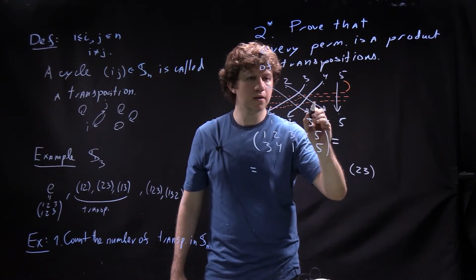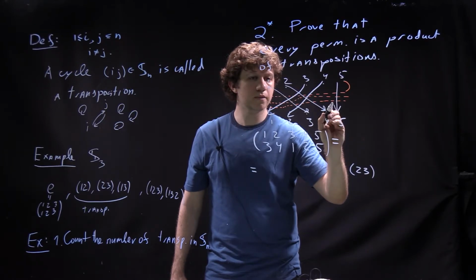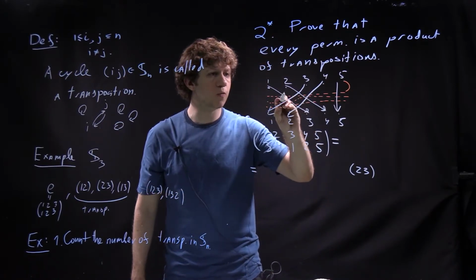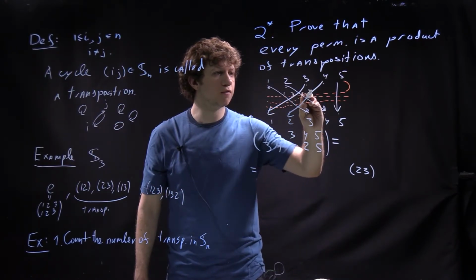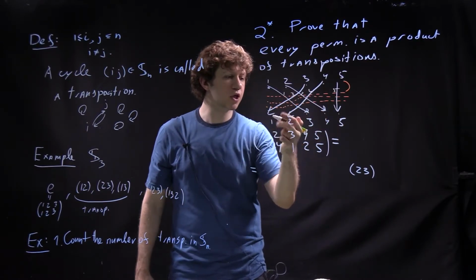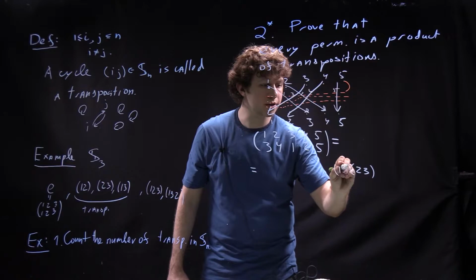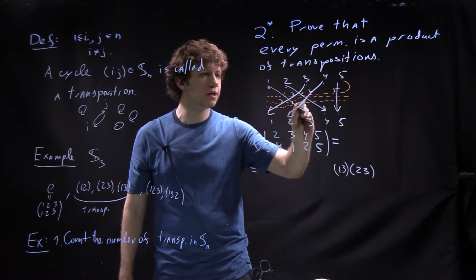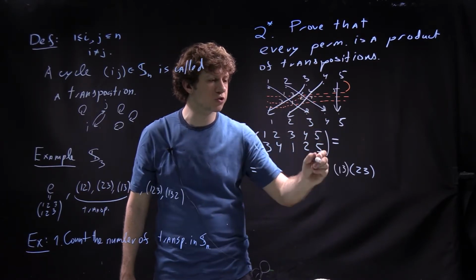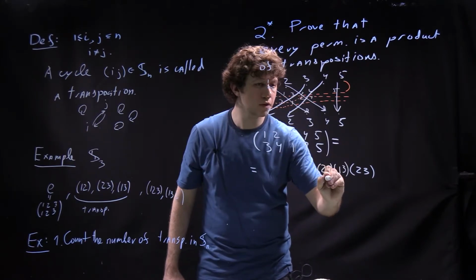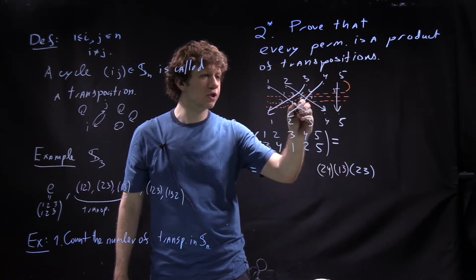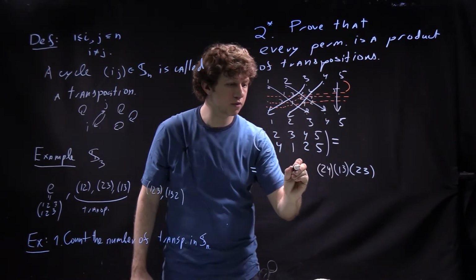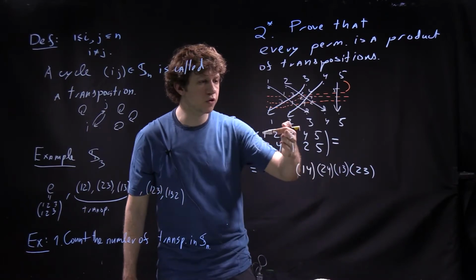So after we move them, now 1 is here, 3 is here, 2 is here, 4 is here, 5 is here, and then I want to exchange 1 and 3. So I multiply it by 1, 3. After that, my 3 is here, 1 is here, 2 is here, 4 is here, and I want to exchange 2 and 4. And finally, now 4 is here, 2 is here, and I want to exchange 1 and 4. And from the picture, it follows that this is an equality.